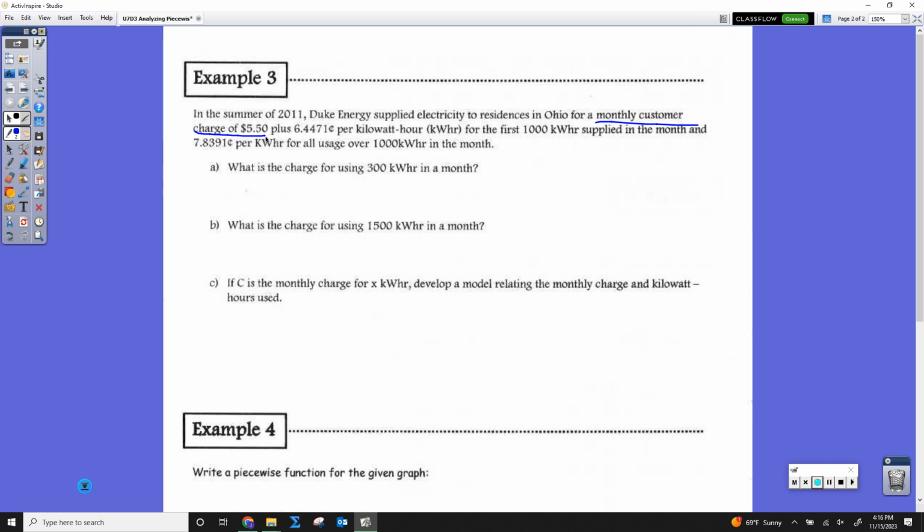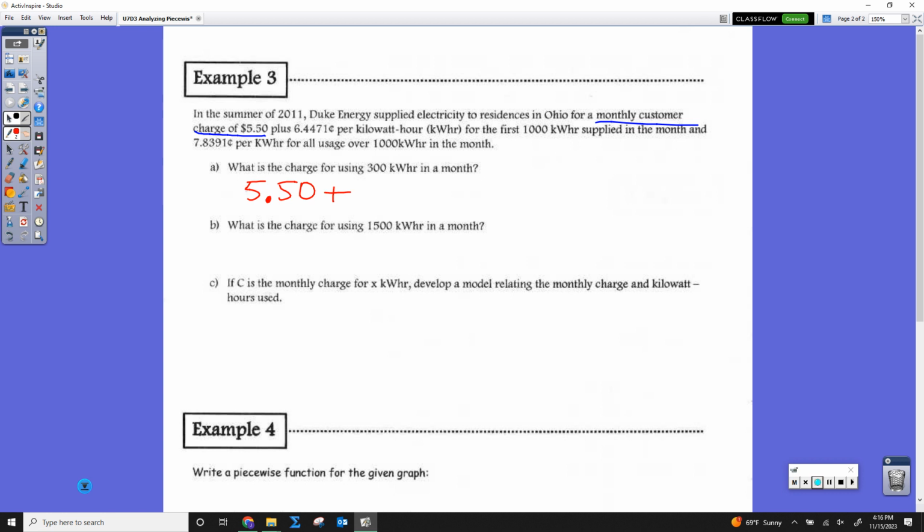All right, so the first thing is, what's the charge for using 300 kilowatt hours in a month? I'll just write it as an expression here. It would be $5.50, no matter what. You have to pay that monthly customer charge of $5.50. And then tack on our energy usage, which in this case is 300 kilowatt hours.